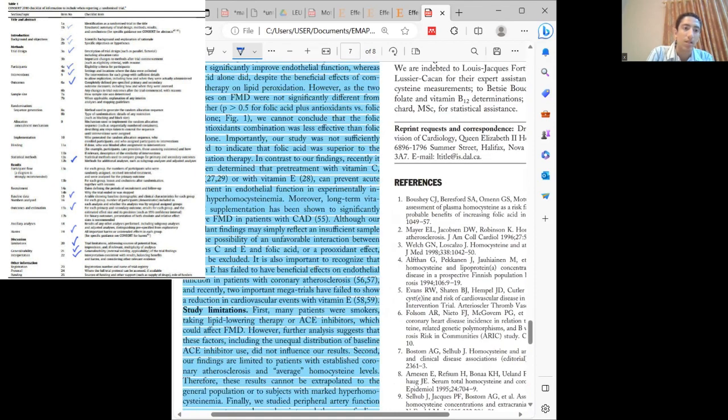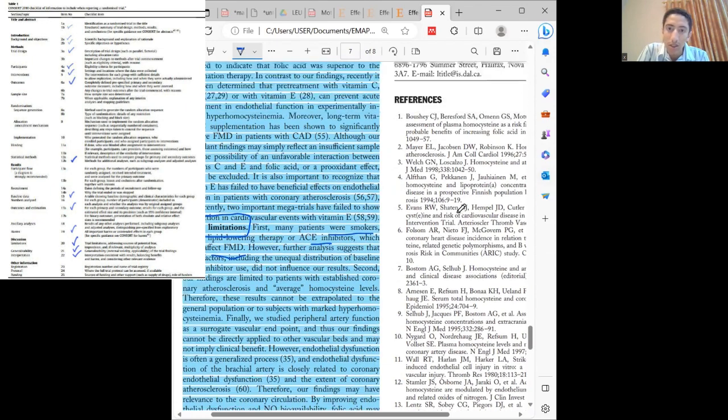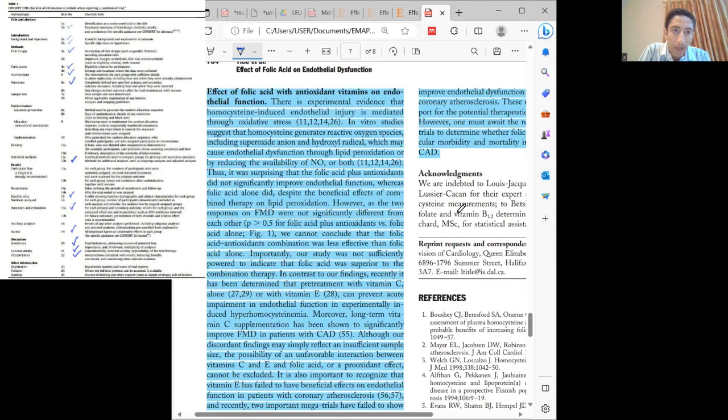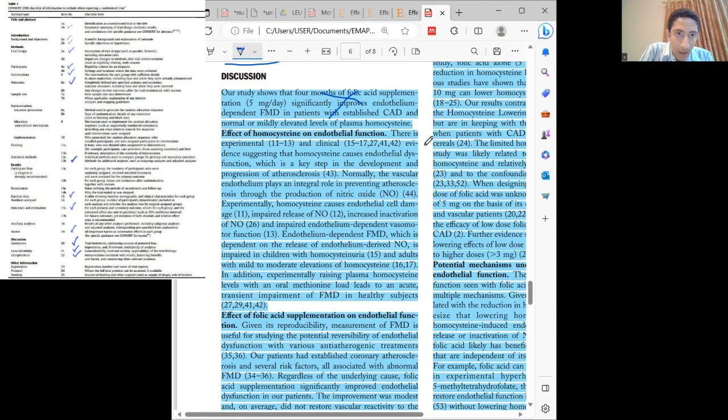Study limitations: we can follow the study. First, many patients were smokers, taking lipid-lowering therapy or ACE inhibitors, which are known to affect FMD. Limitations done. Generalizability and interpretation: we can find this one.